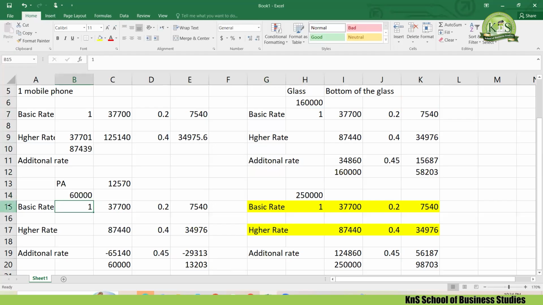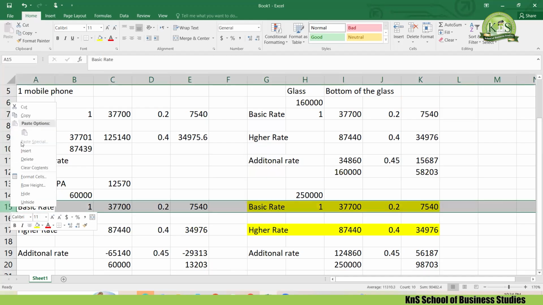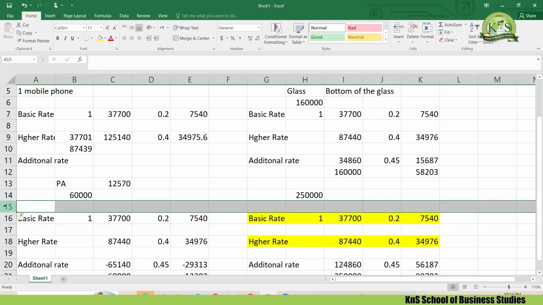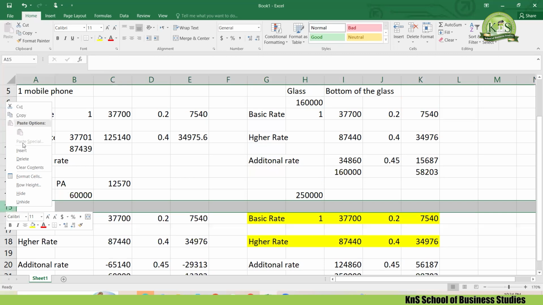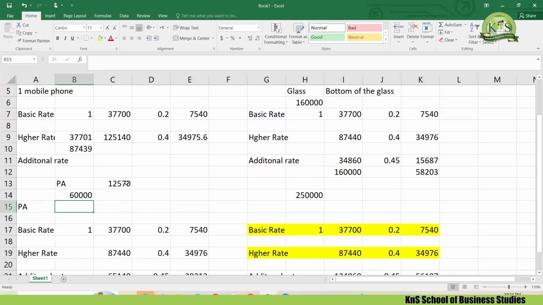I need to insert two rows here. Watch carefully what I do. Is my income more than or less than 125,140? It is less, so I will get the full personal allowance, which I'll apply by subtraction.